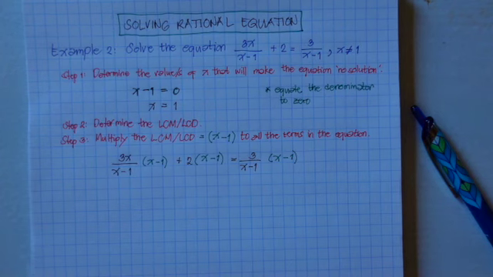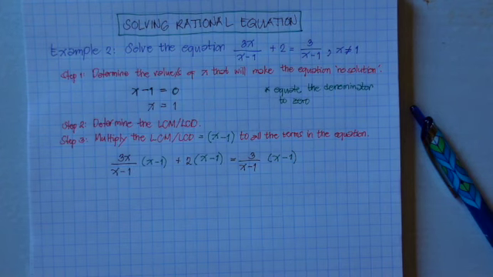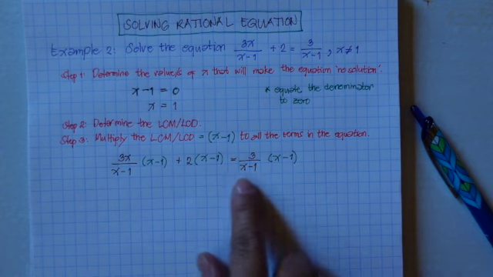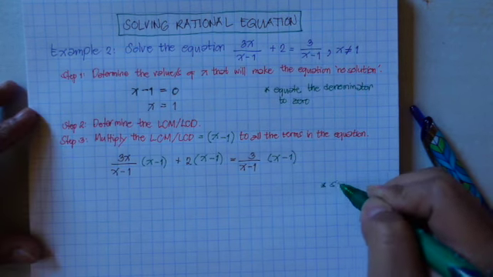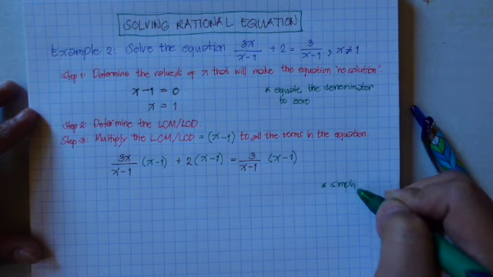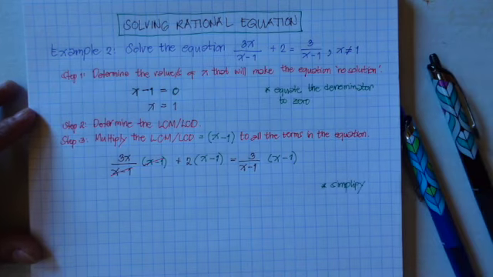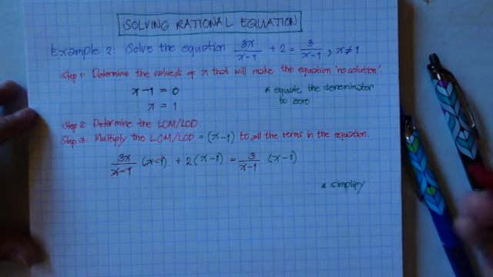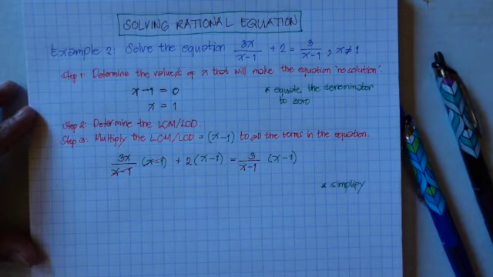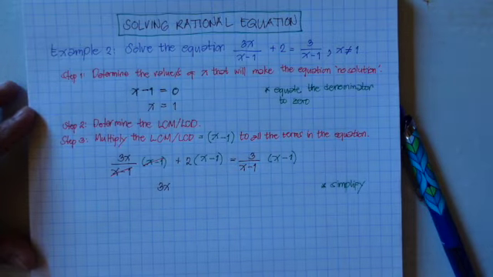So third step is to multiply the LCM or the LCD, which is equal to x minus 1, to all the terms in the equation. As you can see here, what we do next is to simplify. x minus 1 goes to x minus 1 by itself once, giving us only 3x.